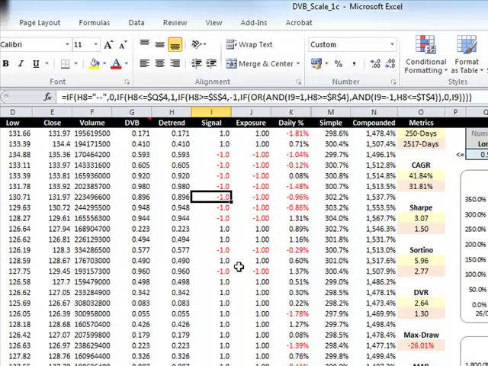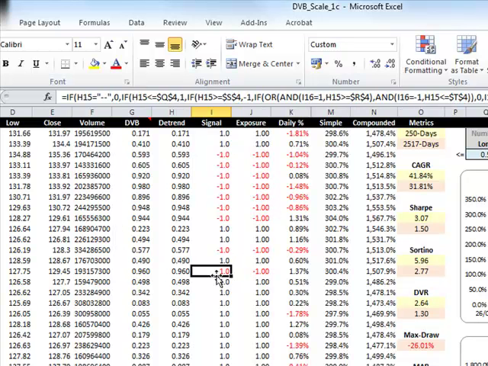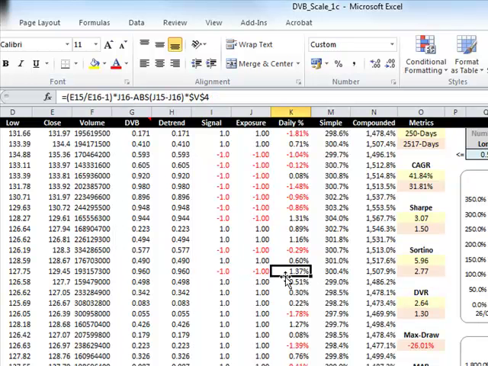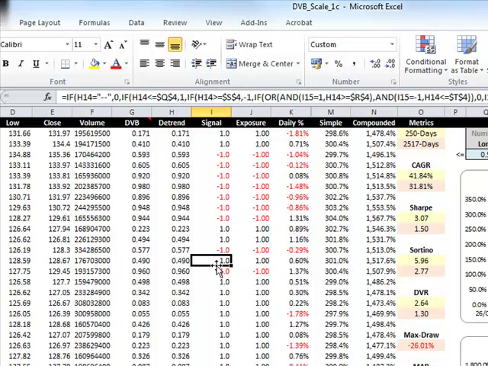For example here we've got a short signal, it's -1, and if you divided your trade into 4 units, you would have entered a quarter of your unit here, and that quarter would have made a profit, but it would only be a quarter of the profit you would have made on a full unit because the trade reversed the next day. So it's swings and roundabouts.